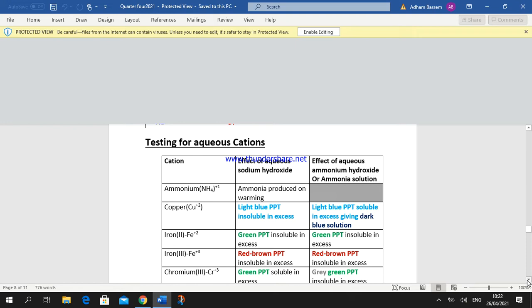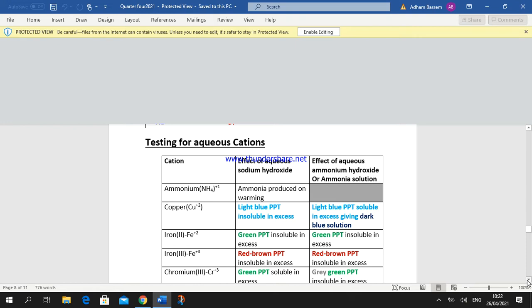By using these two observations, we can deduce the identity of the cations. We use aqueous sodium hydroxide and aqueous ammonium hydroxide, or ammonia solution, as the reagents to test the different cations.